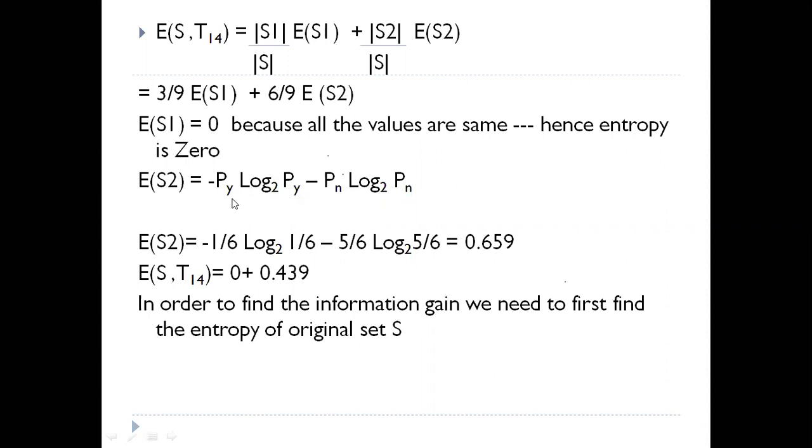Now, coming to the entropy of S2, how do you calculate it? Minus probability of Y. Why minus? Because the negative of summation is your entropy. You can write it down.